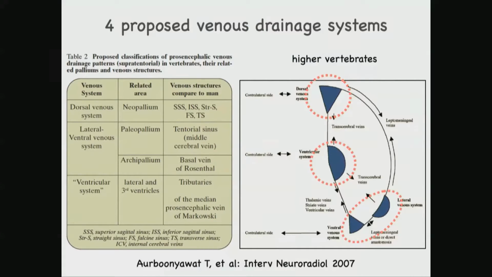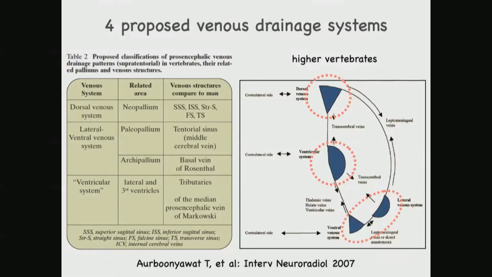So the superior sagittal sinus, inferior sagittal sinus, straight sinus, and transverse sinus belong to this dorsal system. The ventricular system drains from the ventricle, so it's quite strongly related to the median prosencephalic veins. The lateral surface of the hemisphere is drained through the tentorial sinus.